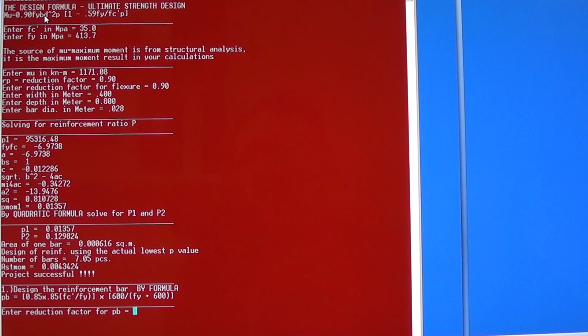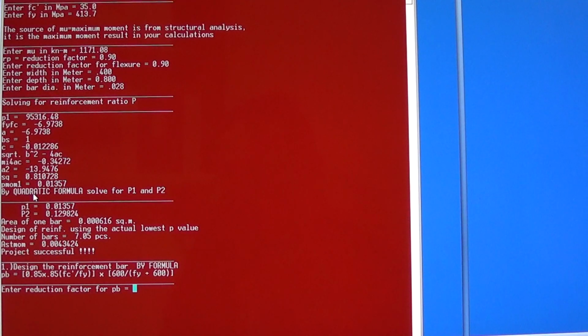In here we're looking for the reinforcement ratio, so you can use that in the tensile reinforcement for the beam. Since you have the two P's here, we end up with a quadratic equation. I programmed this quadratic equation to solve for P1 and P2.